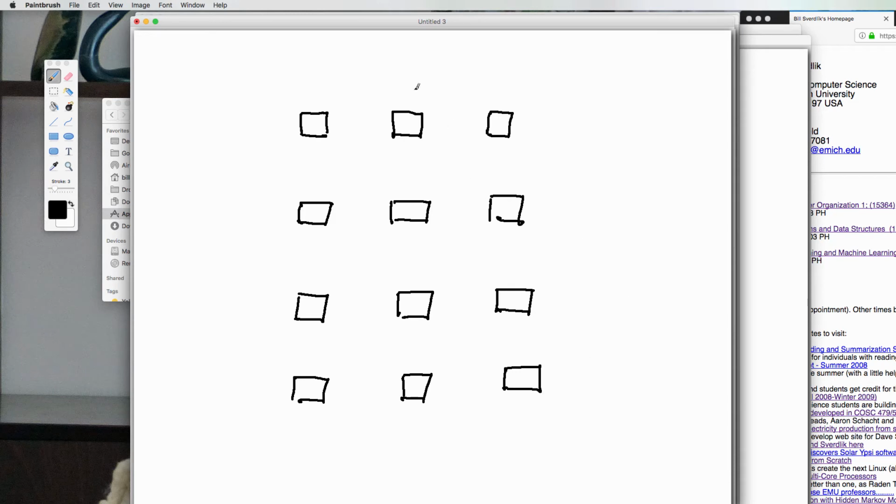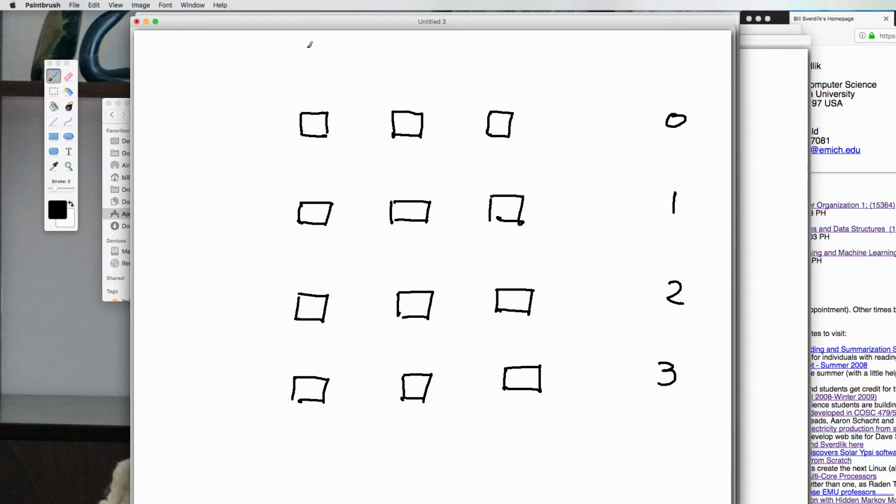Okay, and notice that there are 3 columns, there are 4 rows. Now, if we want to, we could think of this as being memory location 0. This is memory location 1. This is memory location 2. This is memory location 3.